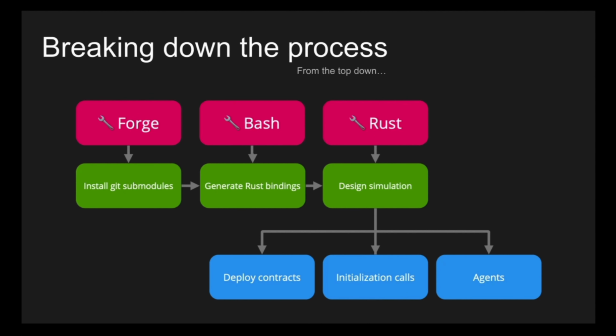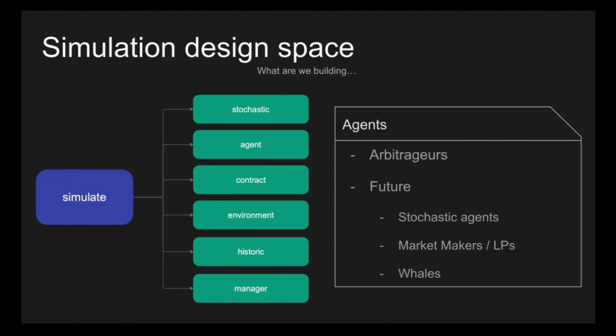So with that, let's step into the simulate crate. The simulate crate has been the primary focus for us over the last, say, 3 or 4 months. It's the largest crate, and everything we've talked about thus far falls into this, except for all the command line interfacing that we do.